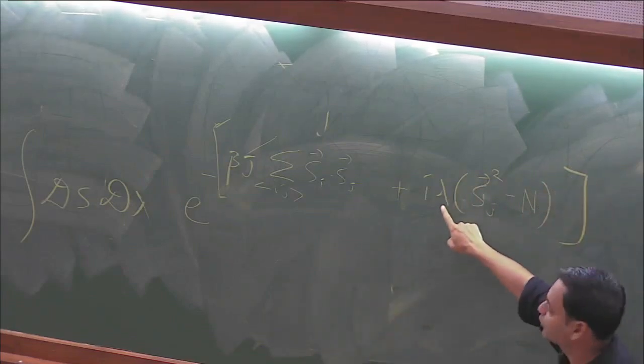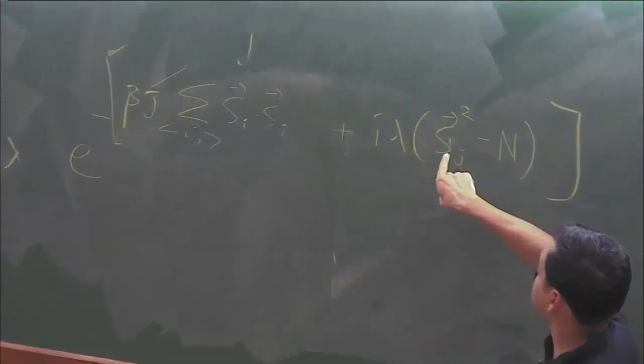So integrating over lambda at every location forces the spin squared to equal n at every site, right?